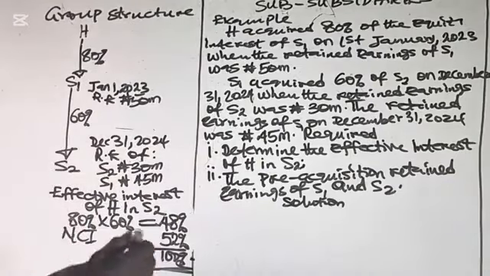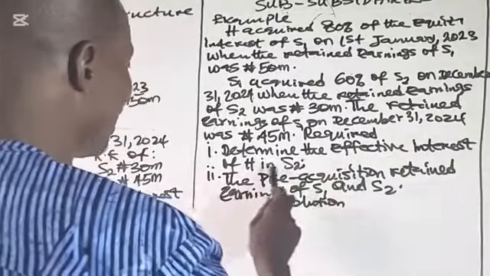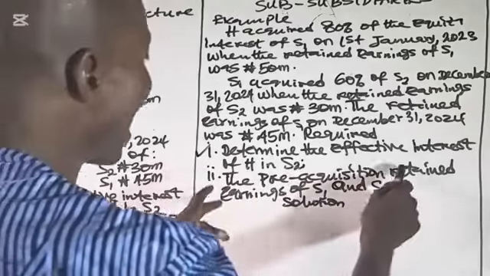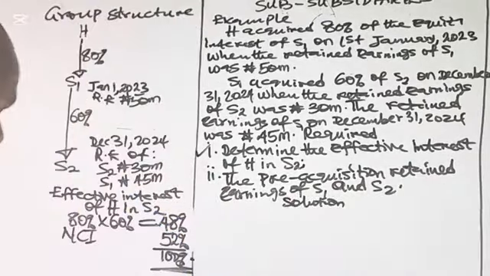Now, we've determined the effective interest of H in S2. The next requirement is the pre-acquisition retained earnings.